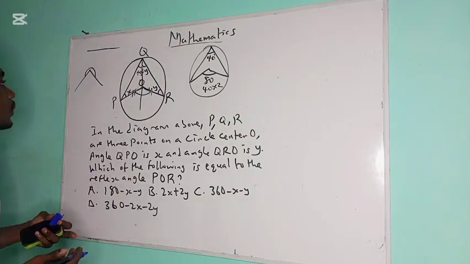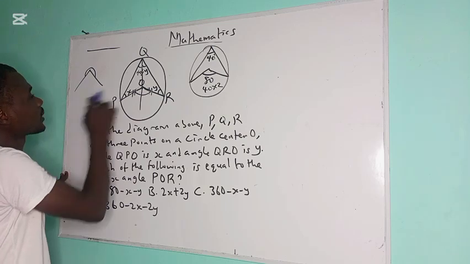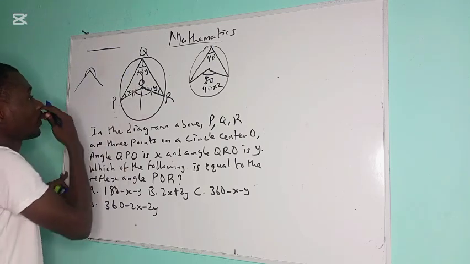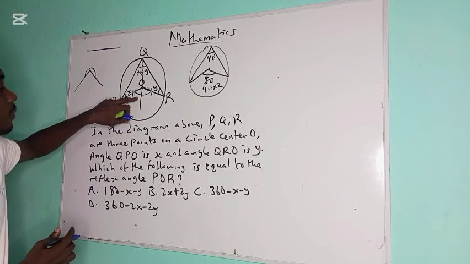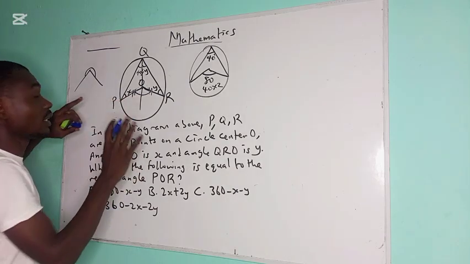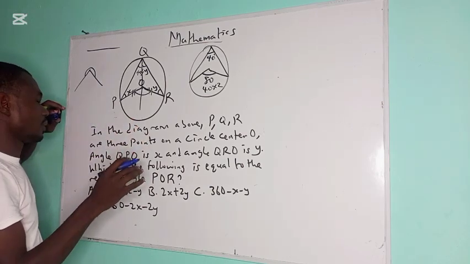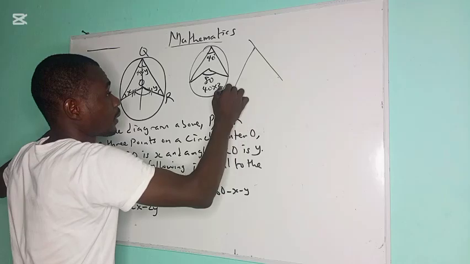So, based on that, now let's find the angle that is here. Under the properties of triangles, I've done something like that before: the addition of the two interior opposite angles gives the exterior angle.